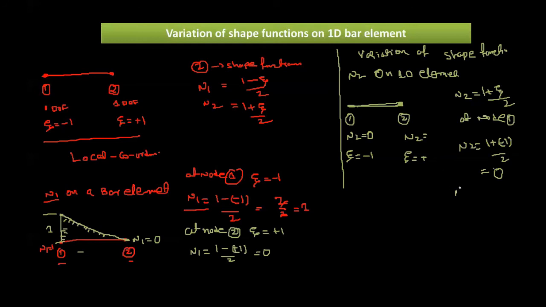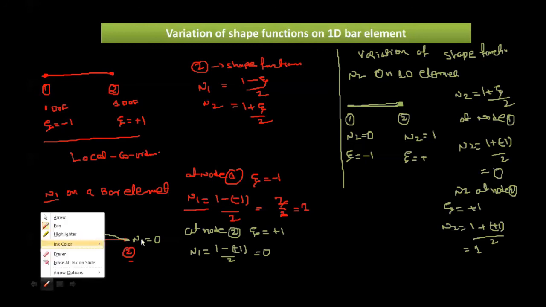Similarly, at node 2 the zeta value is plus 1, so N2 is 1 plus 1 divided by 2. This becomes 2 by 2, that is 1. So N2 at nodal point 2 is equal to 1.